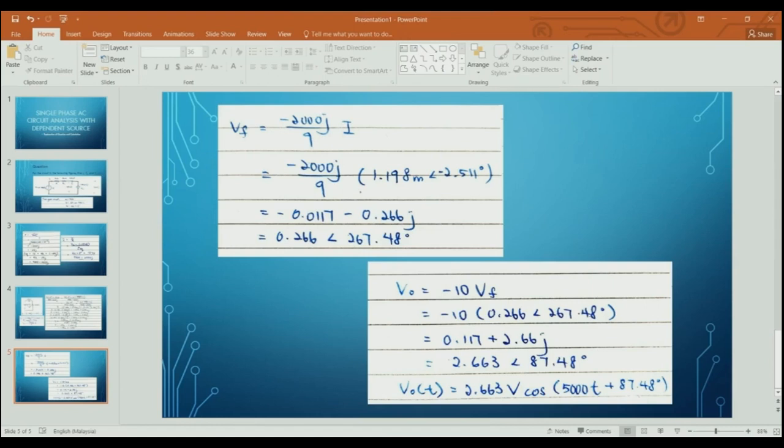Negative 10 multiplied by 0.266 with 267.48 degrees, so the answer is 2.663 with 87.48 degrees. But what the question asks for is V0(t), so we change V0 into V0(t). And V0(t) is equal to 2.663 V cos(5000t plus 87.48 degrees).